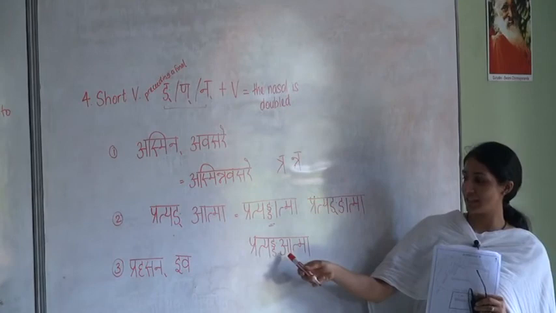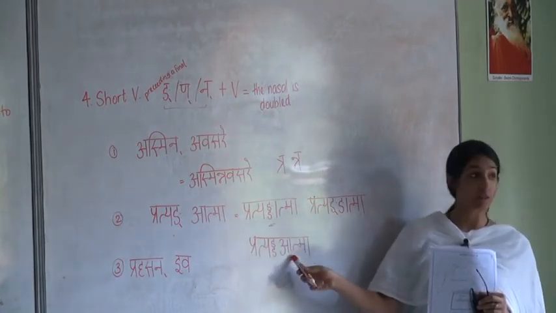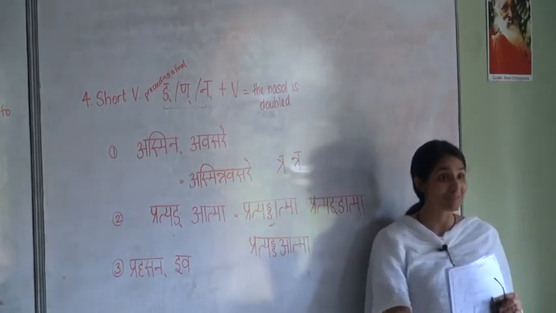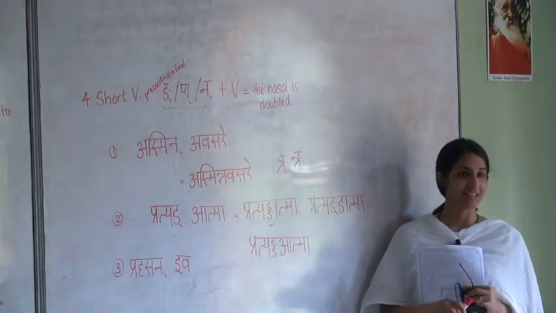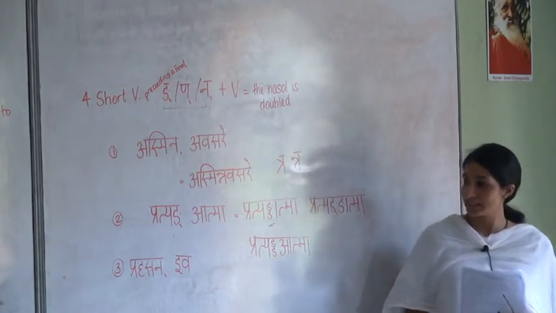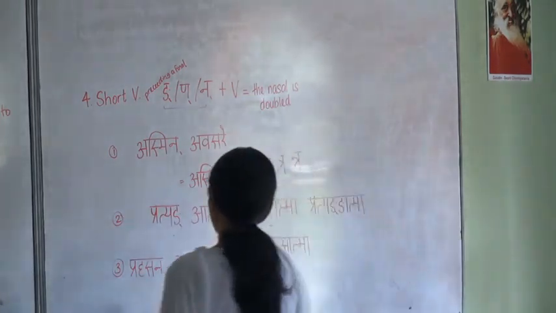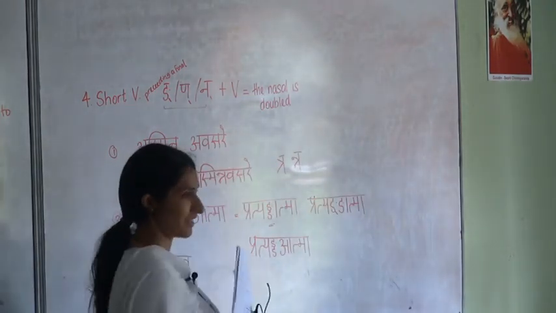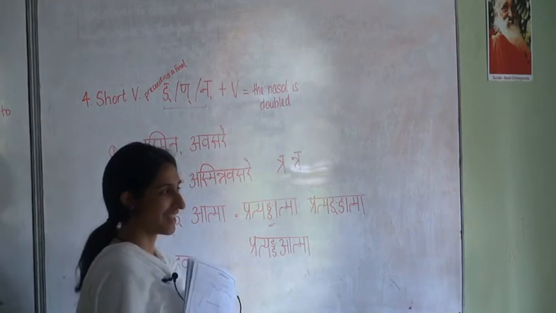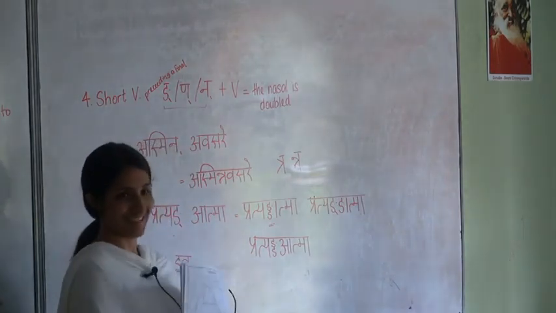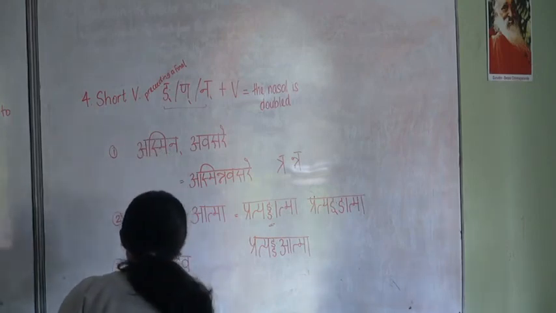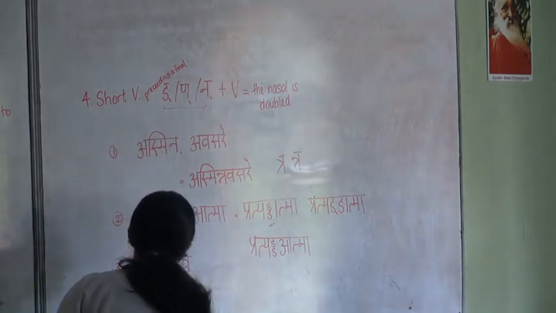But actually when you put the vowel in a word, then it has to take the vowel symbol. So that's what you have to be careful about with this one. Same with this, right? So this will be what? Prahasaniva, right? Prahasan.